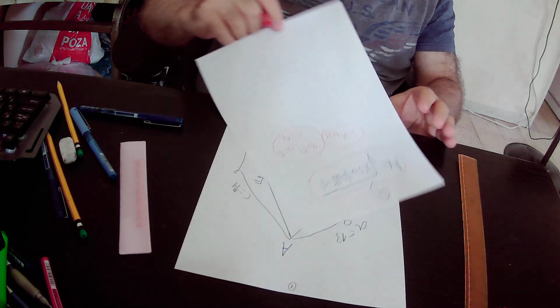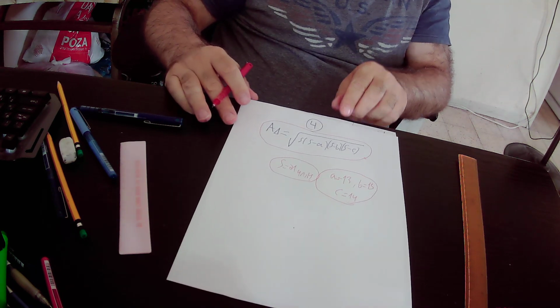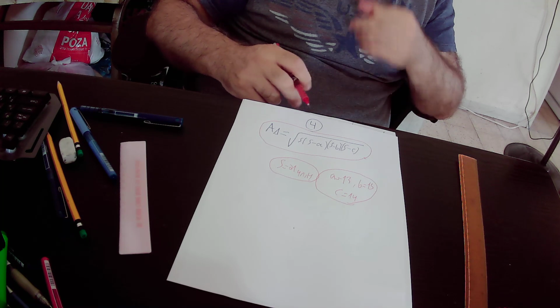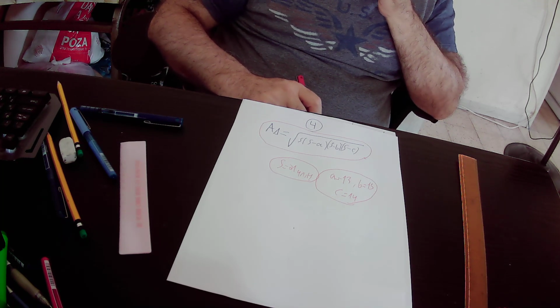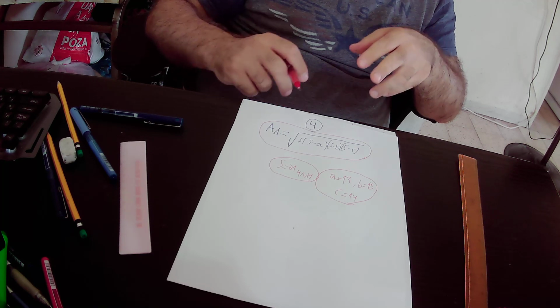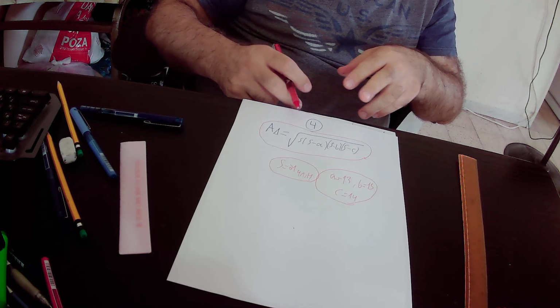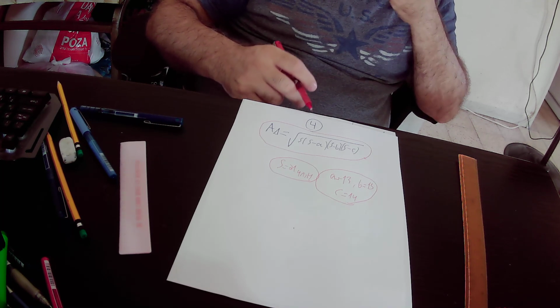So we have all the variables of this formula, and the only thing left is to put the data inside this formula and find out the area of our triangle ABC.